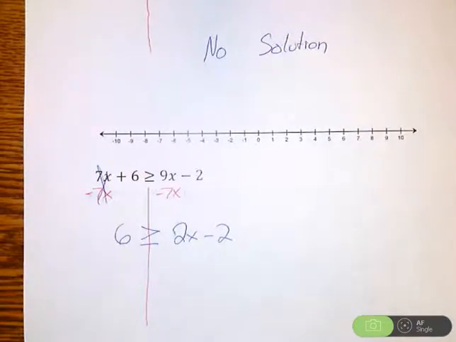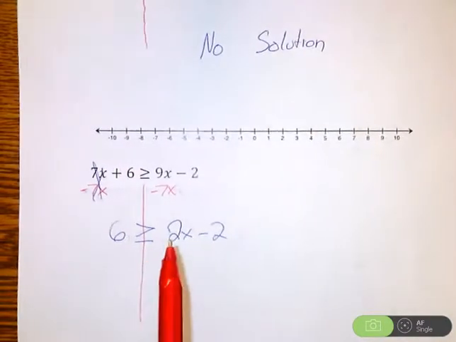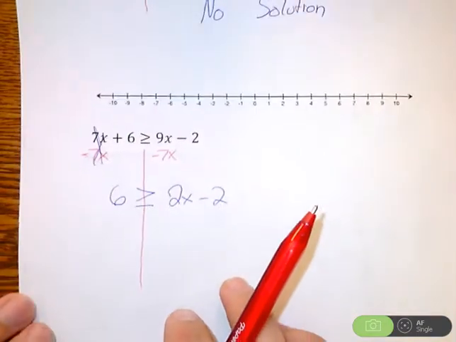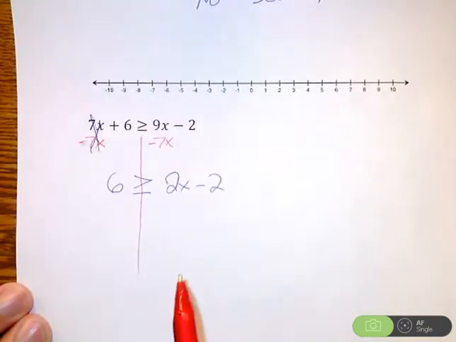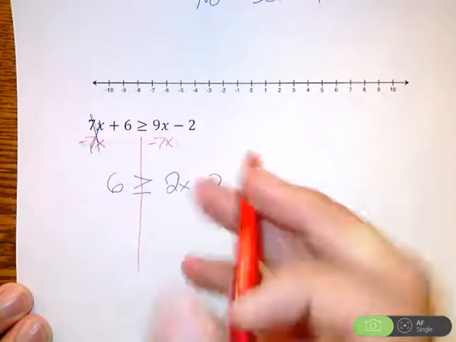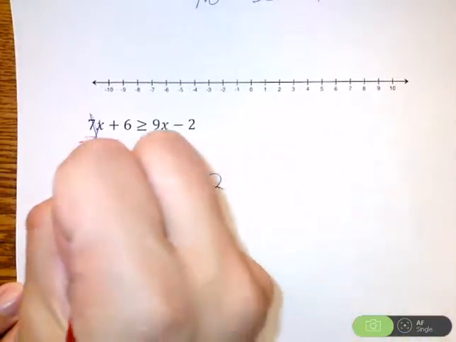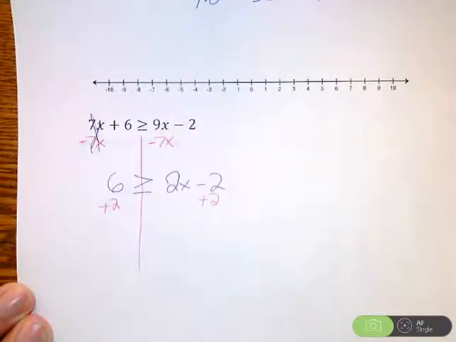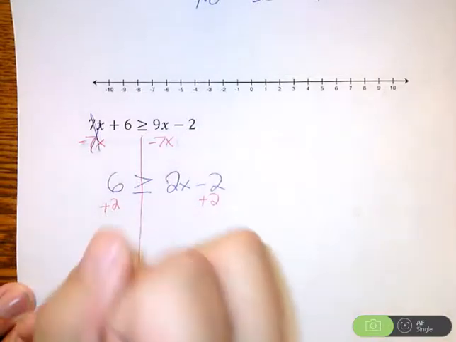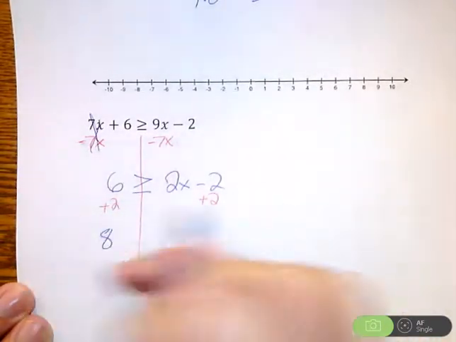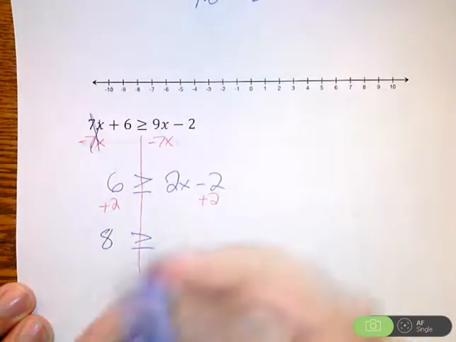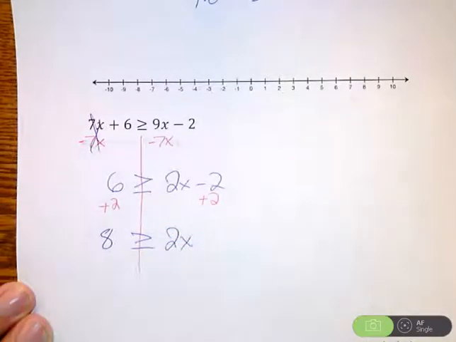Now, since I have my x's all on the right side, I can get x by itself. Order of operations backwards: get rid of the addition and subtraction, which means I need to add 2. 6 plus 2 is 8. Since we're adding, there's no change to the inequality. We have 2x on the right.